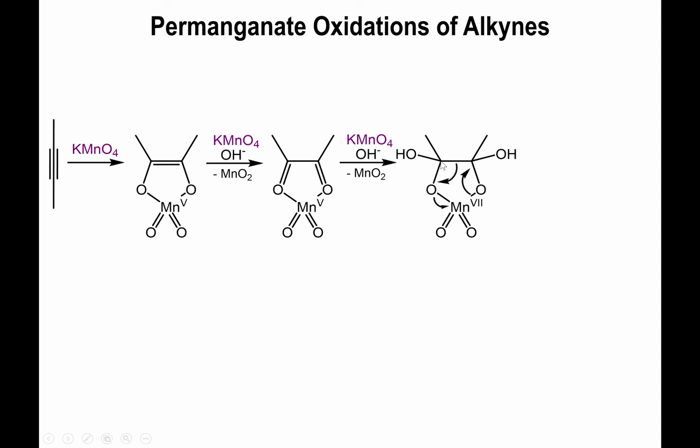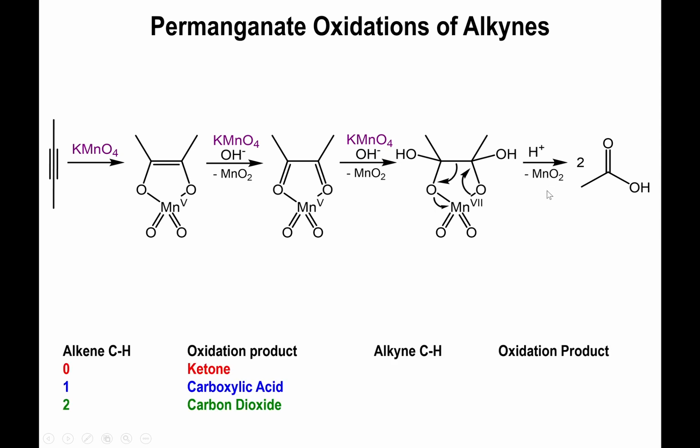Here, the connections of those carbons will be broken, so you'll bring those 2 electrons over onto the oxygen. The 2 electrons of the oxygen-manganese bond will go to manganese. And then the bond right here will deliver its 2 electrons onto that carbon that used to be the alkyne originally. So what happens is that you end up forming a carboxylic acid, and of course the manganese gets reduced to manganese 5 that ultimately ends up turning into manganese 4 oxide.